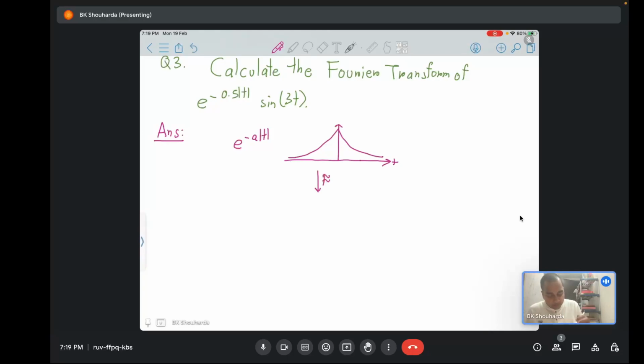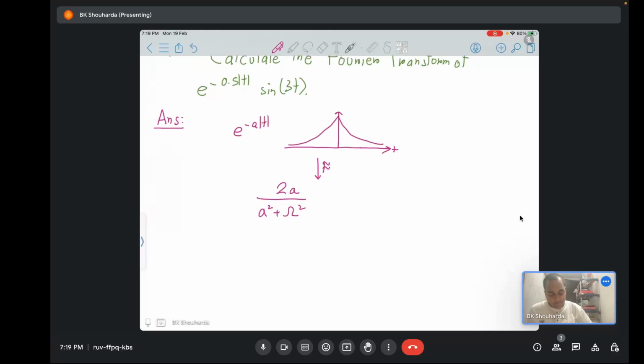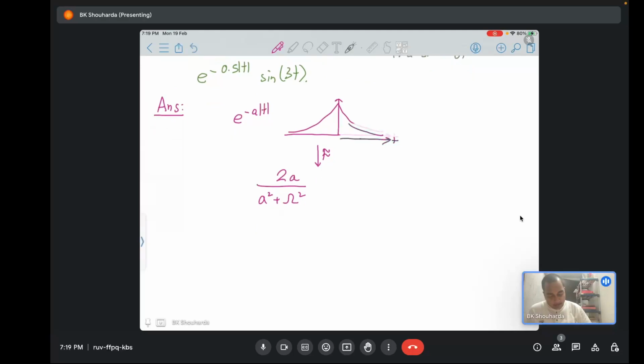If I remember rightly, it was 2a by a squared plus ω squared, because we had e^(-at) and e^(at) for the negative side, so we added their Fourier transforms earlier, individually. Alright, and this is the first concept.